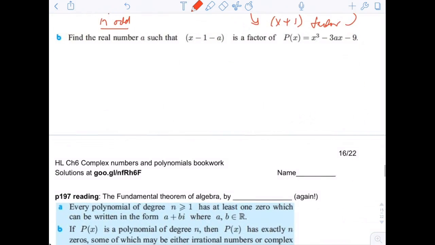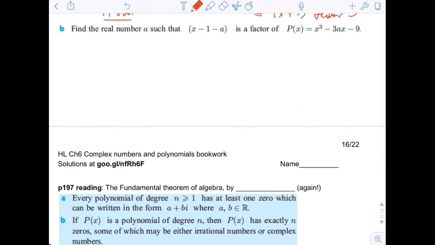Okay. B, find the real number a such that this is a factor of this. Okay, so we know that if this is a zero of this, then we could plug it in and set it equal to 0. So let's see if that works. I'm sorry, this is a factor.